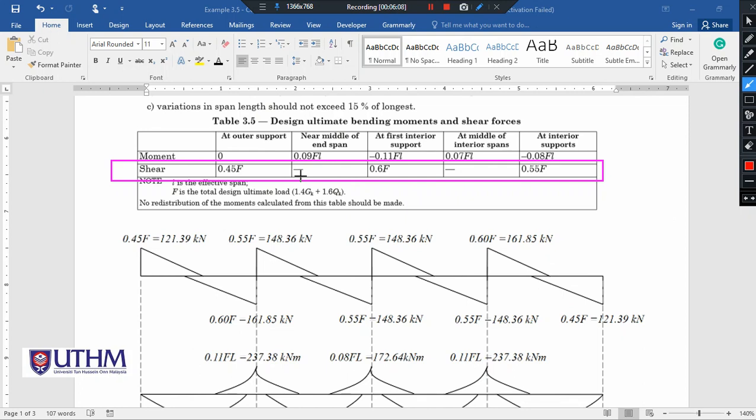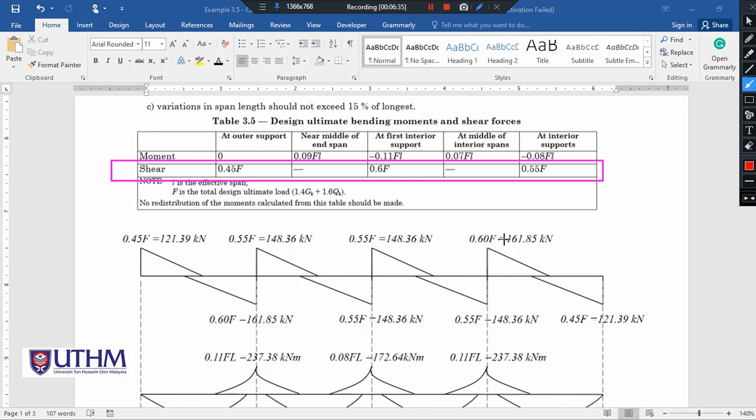Thus, the shear for the near middle of end span is equal to 0. When this line crosses this horizontal line and go down, and this point is the near middle of end span. Meanwhile, for this area, go up to this point.